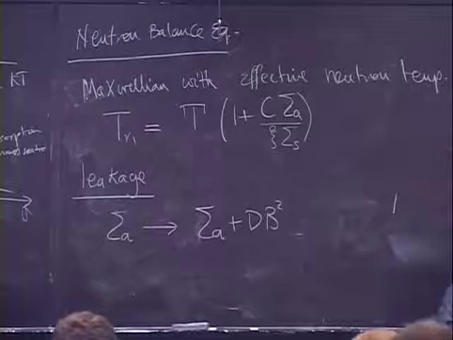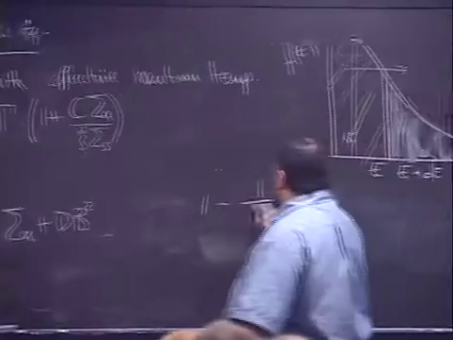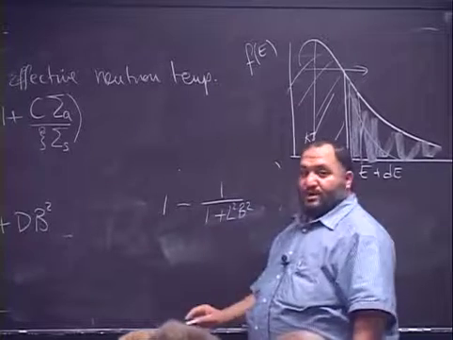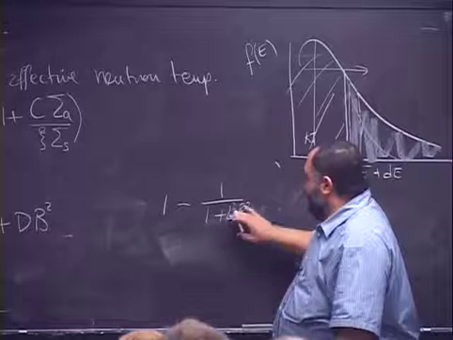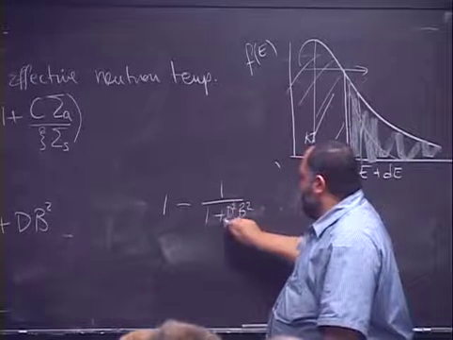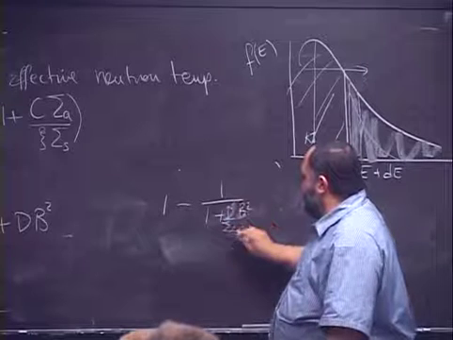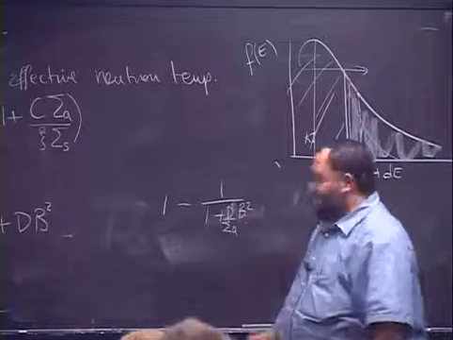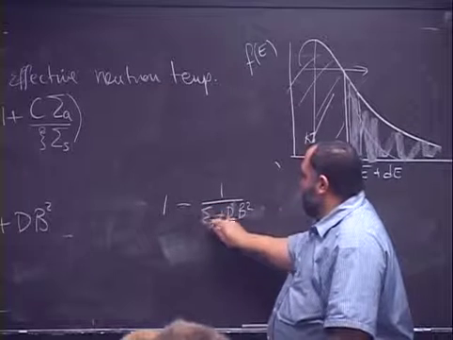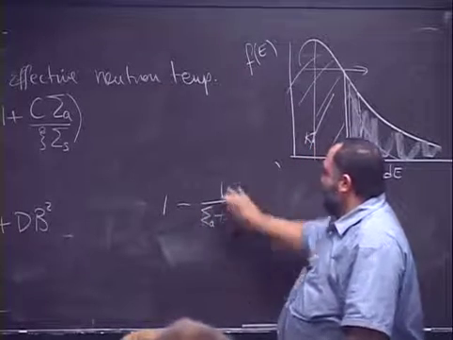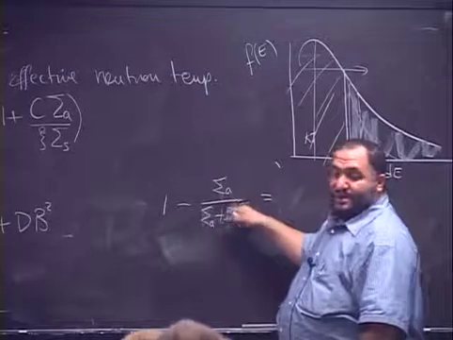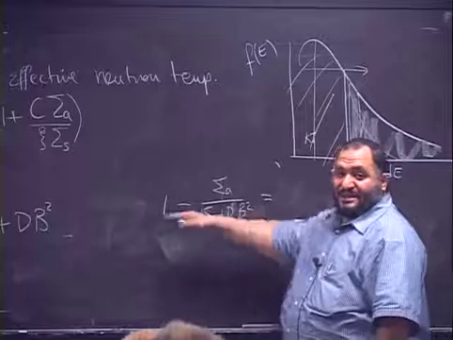Because the non-leakage term is what? 1 over 1 plus L square B square. And what's L squared? D over sigma absorption. So we can multiply by sigma absorption here, and sigma absorption here. But this is the non-leakage; 1 minus this is the leakage.